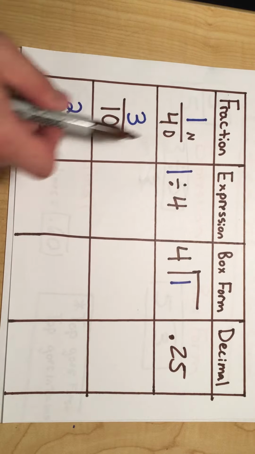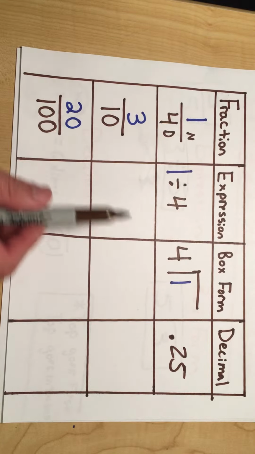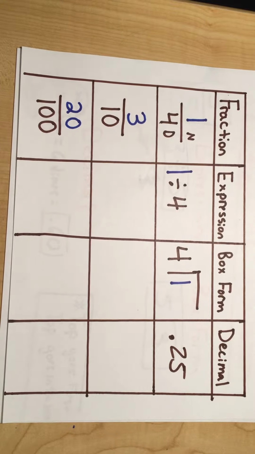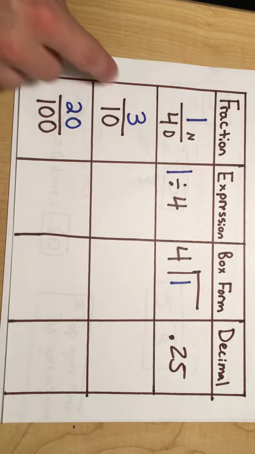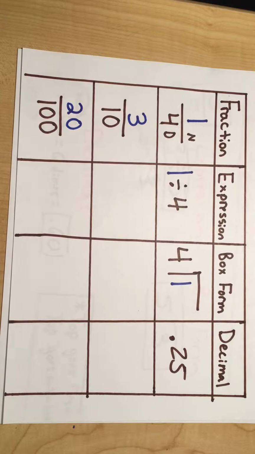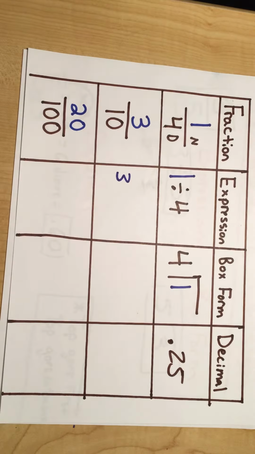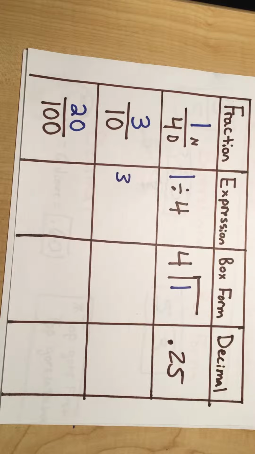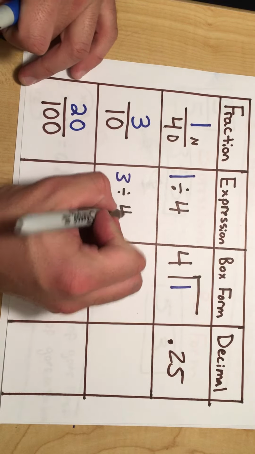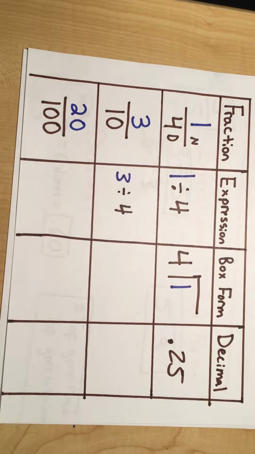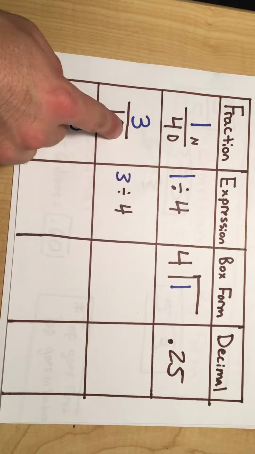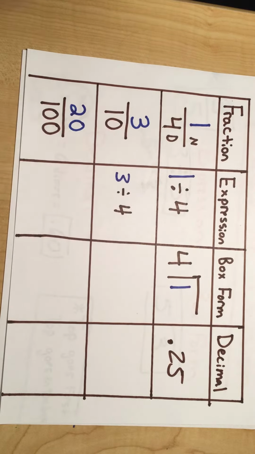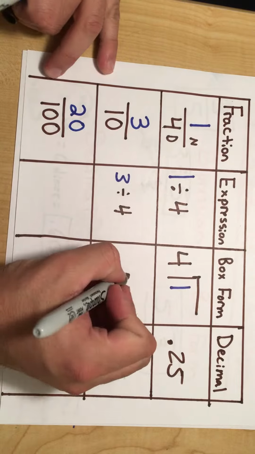Now let's rewrite 3/10 in expression form, box form, and decimal form. So as an expression, the top number must come first. That's the same as 3 divided by 4. And this fraction is the same as top number in the box, 3 in the box.